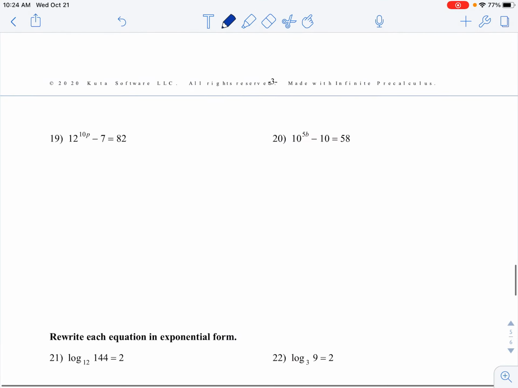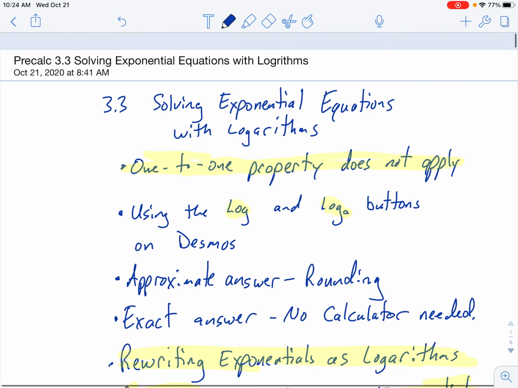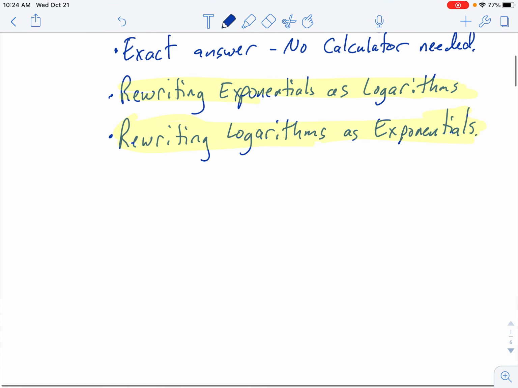All right, so let me go back up to my notes for a second and write this down. In general, an exponential equation has a base, a power, and an answer. So 2 to the 5th power equals 32. 2, 4, 8, 16, 32. Okay, I had to do that on my fingers just to make sure I was right.